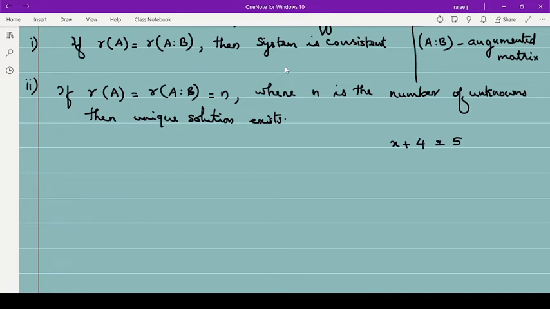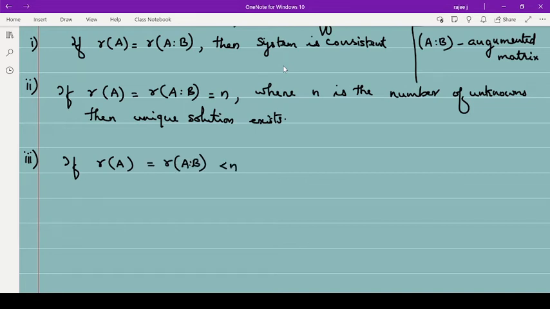So when rank of A equal to rank of AB, which is equal to n, then a unique solution exists. The third condition is that if rank of A equal to rank of AB, which is less than n.